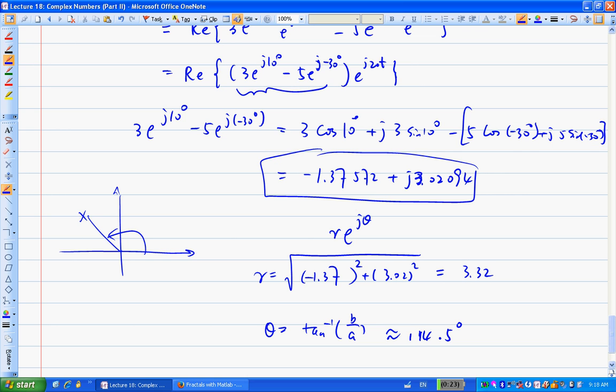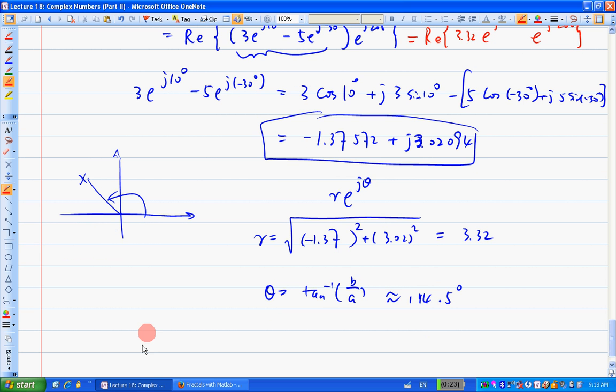So if I go back over here, this is the real part, R is 3.32, times e^(j114.5 degrees), then e^(jωt). You see that, right? There are two exponential terms multiplied by each other, which is equivalent to e to the power of this plus that.